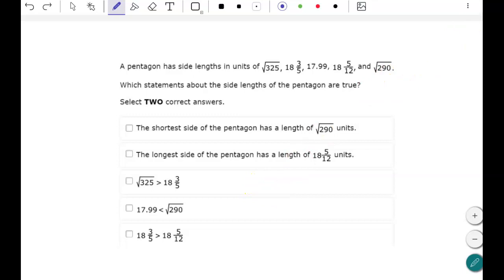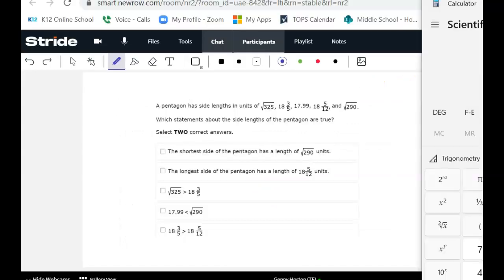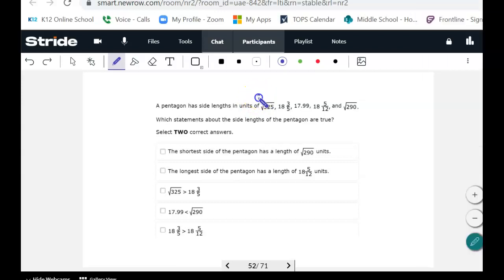Let's do the square root of 325 first. Use your calculator. That's approximately 18.03. The next one, 18 and 3/5 as a decimal, is 18.6.